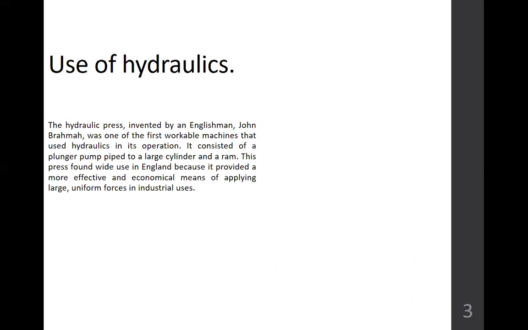This press found wide use in England because it provides a more effective and economical means of applying large uniform forces in industrial uses of the industrial revolution. Today, hydraulic power is used to operate many different tools and mechanisms.